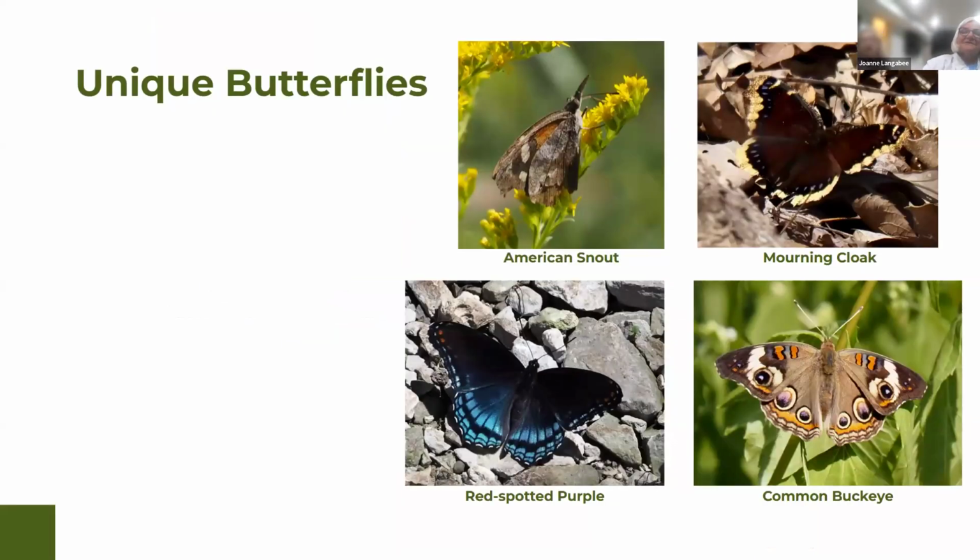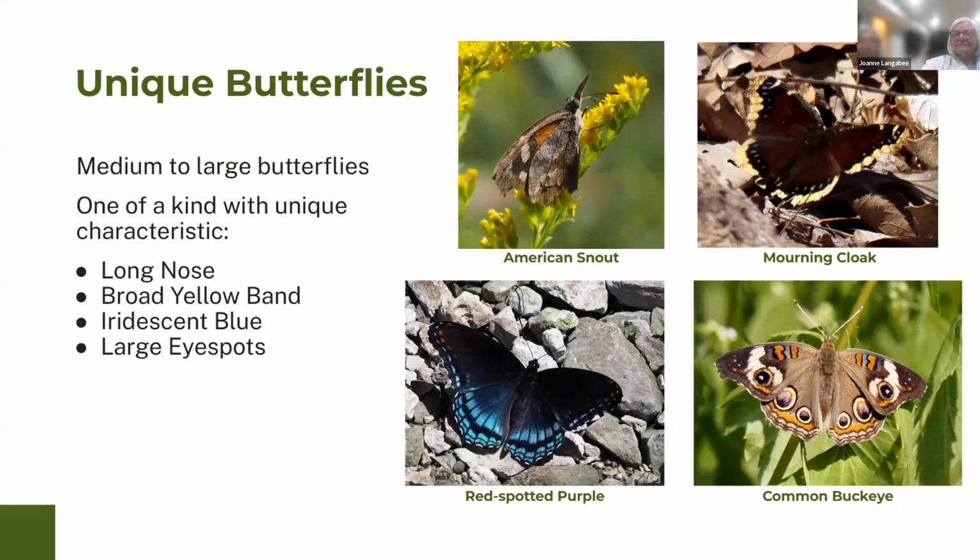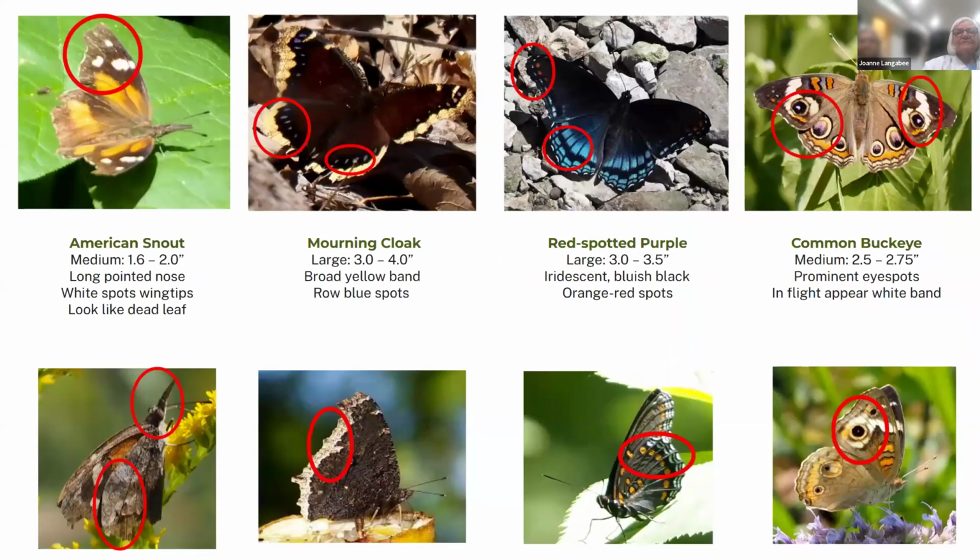The unique butterflies in the brushfoot family. There are 4 of them, and they each have their own unique characteristic that defines it as what they are. You've got the snoot with the long nose, the broad yellow band of the morning cloak, the iridescent blue and no tails of the red spotted purple, and the large eye spots of the common buckeye.